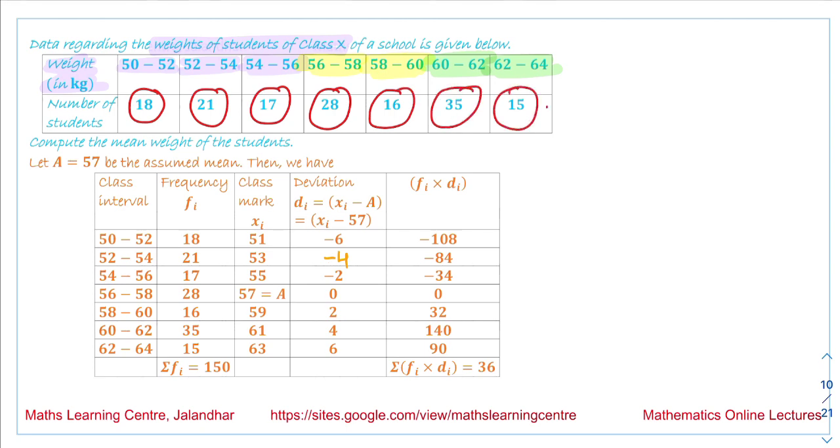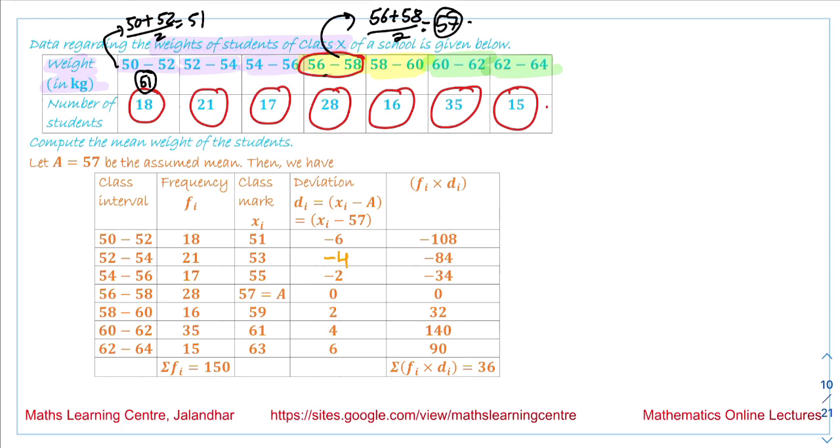Why are we using the assumed mean method? Because these numbers, we are saying it is 56 to 58. If we calculate the class marks, corresponding to 50 and 52, it will be 50 plus 52 by 2, the answer is 51. Corresponding to 56 and 58, it is 56 plus 58 divided by 2, so the answer is 57.